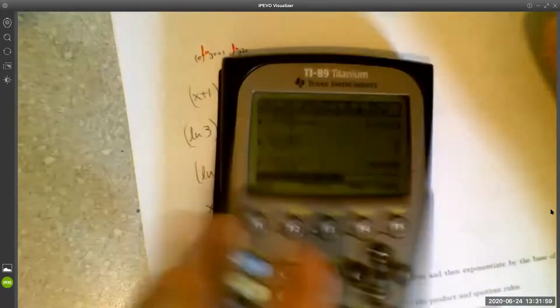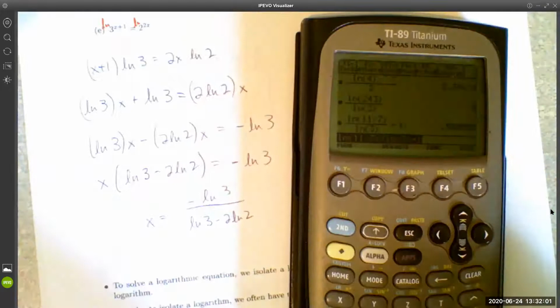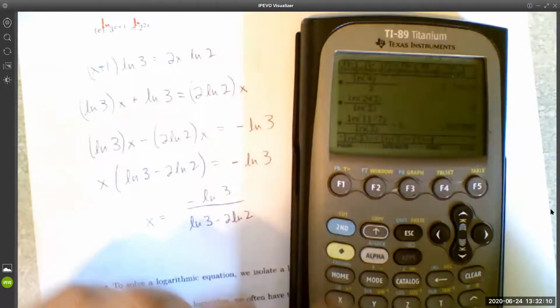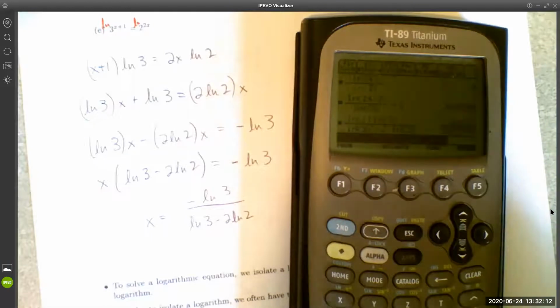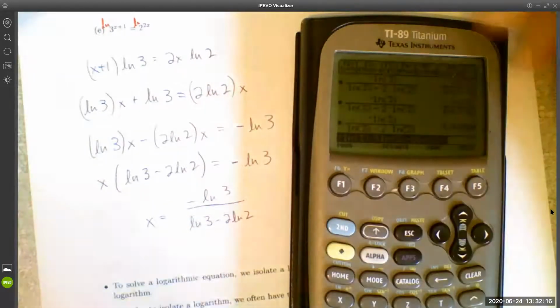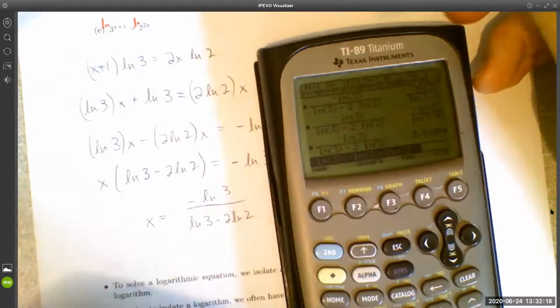Let's see about how much that is. So that's about 3.819.